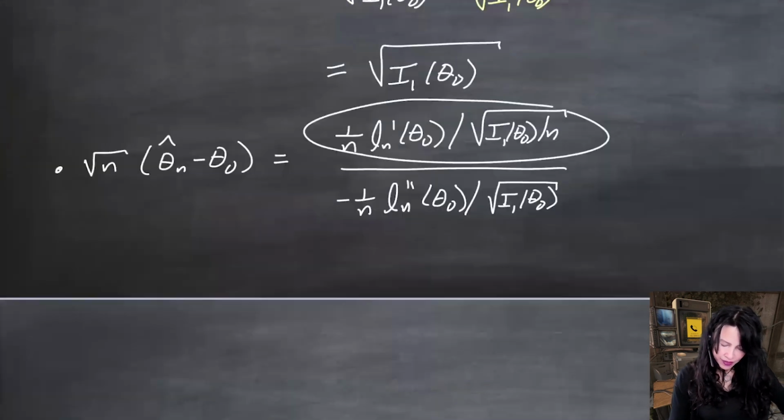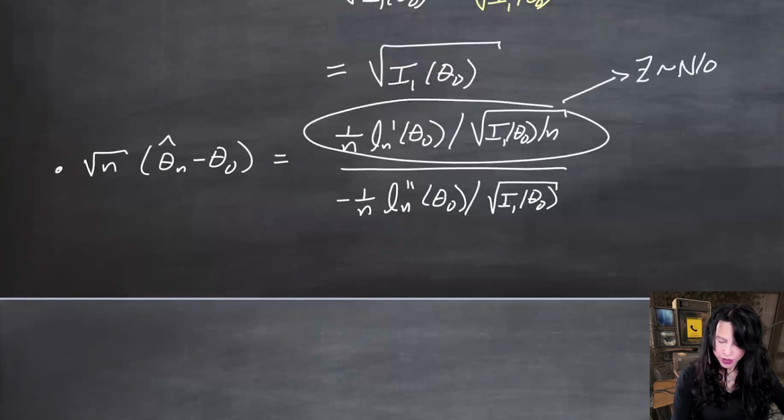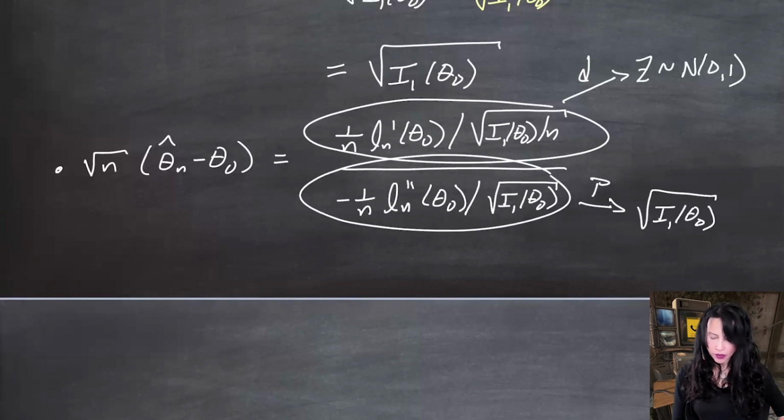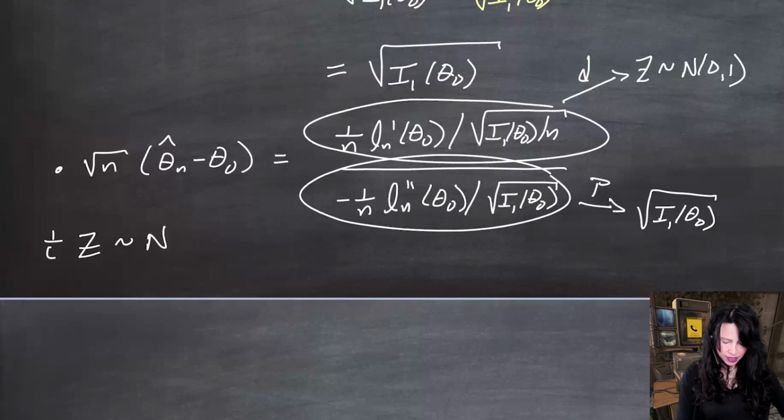And we know that this goes in distribution to a normal 0, 1 random variable. And this goes in probability to the square root of that one-dimensional Fisher information. So when you divide a normal by a constant, if it's a standard normal, it's not going to affect the mean.